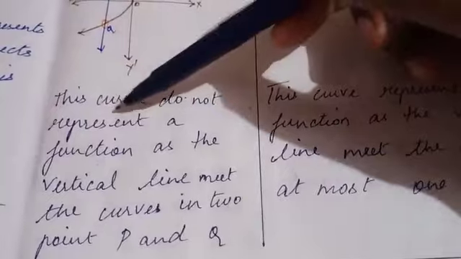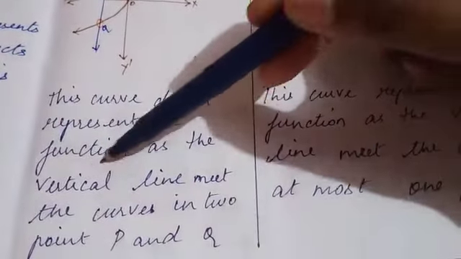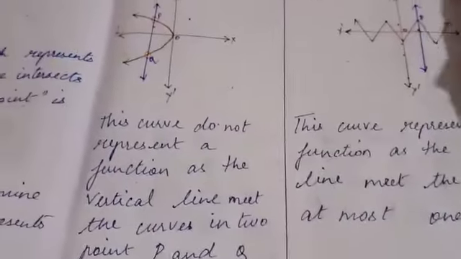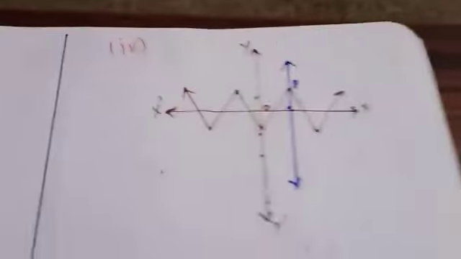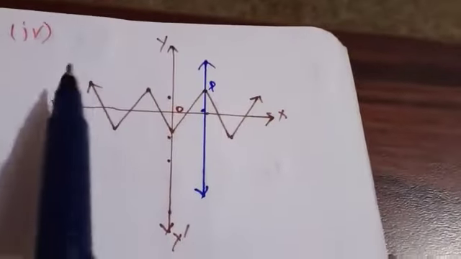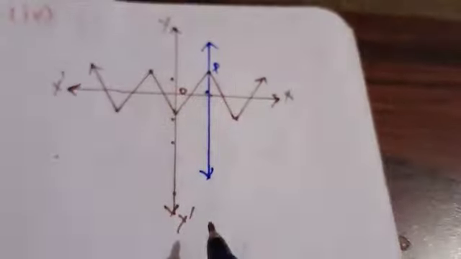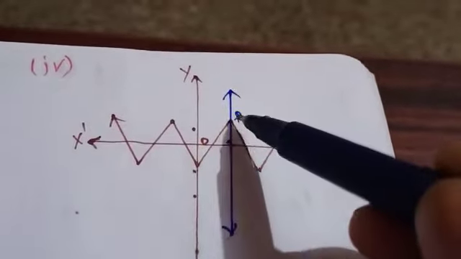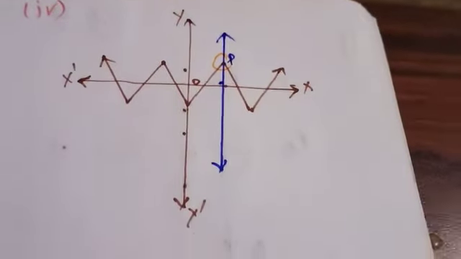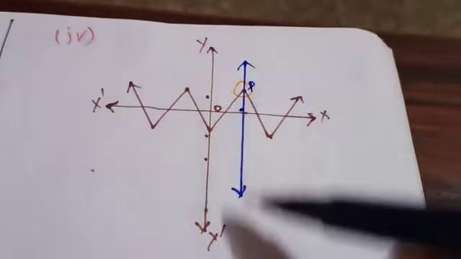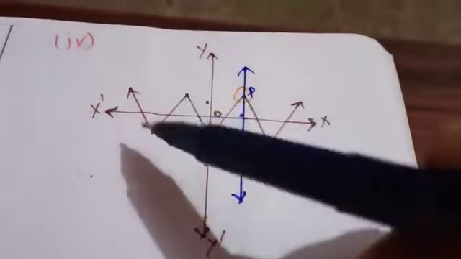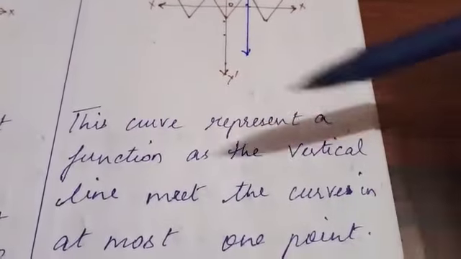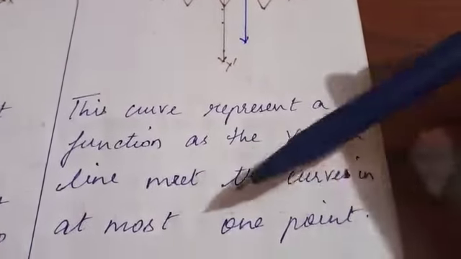This curve does not represent a function as the vertical line meets the curve in 2 points P and Q. Next, the fourth subdivision. This is our curve and this is the vertical line. The vertical line intersects the curve in 1 point. Since it intersects in 1 point, this curve is a function, as the vertical line meets the curve in at most 1 point.